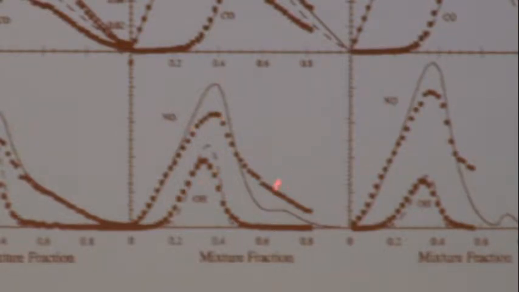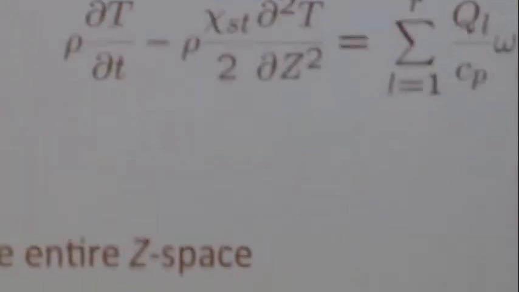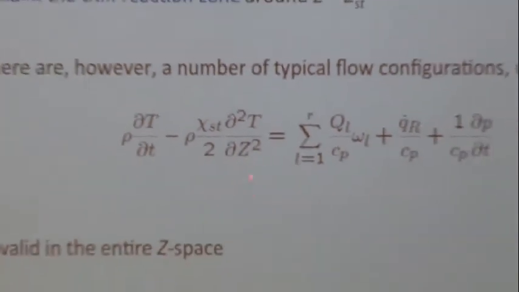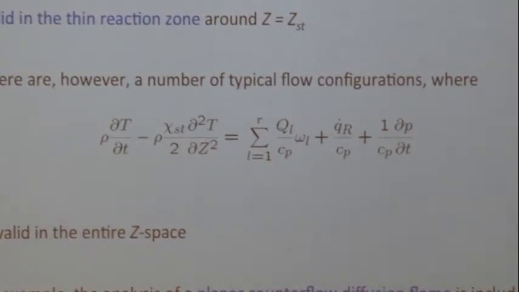There's some consumption of NO here on the rich side, and this is where it's produced. And you see here, it's just a linear slope. Linear slope means the second derivative is 0, which means the source term is 0.